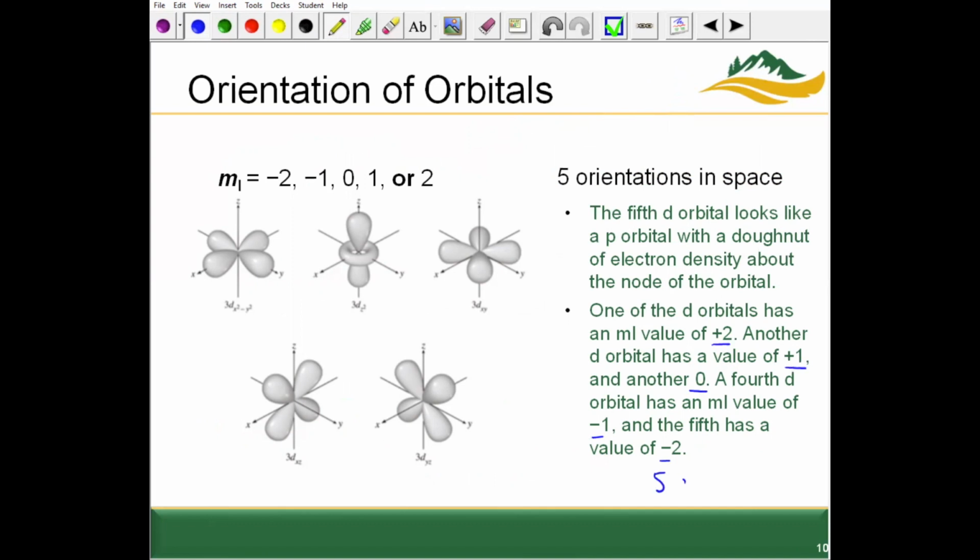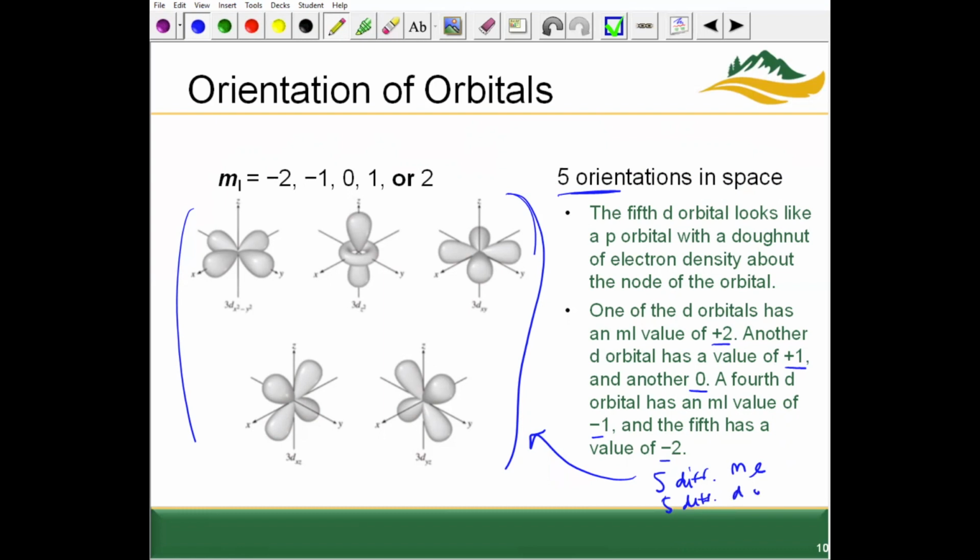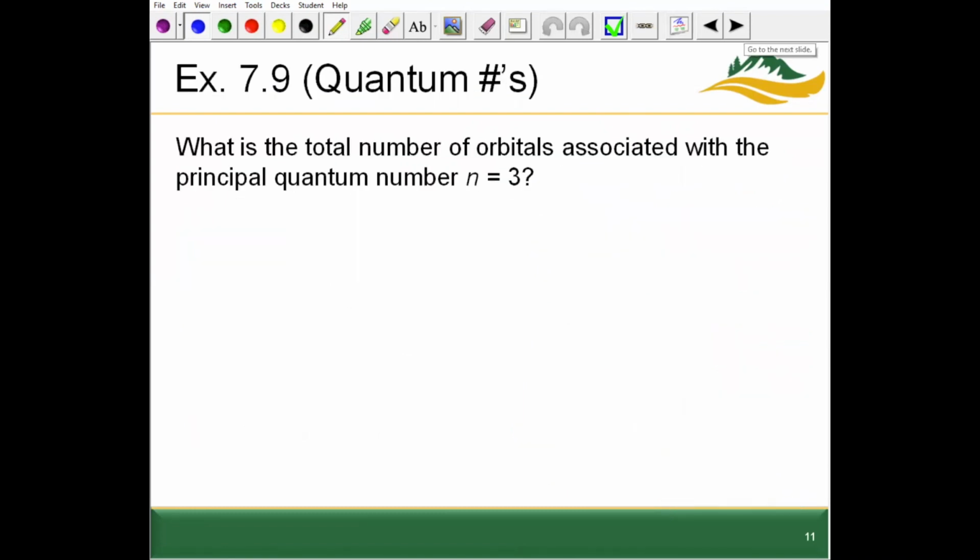So 5 different options, which makes sense for 5 different shapes for our d orbitals. So 5 different m sub l values, 5 different d orbital shapes, so shapes or orientations.